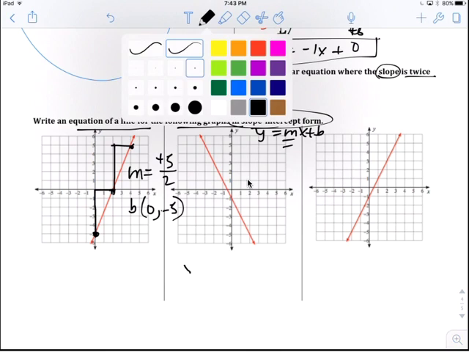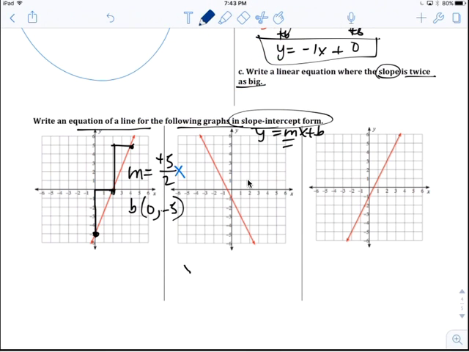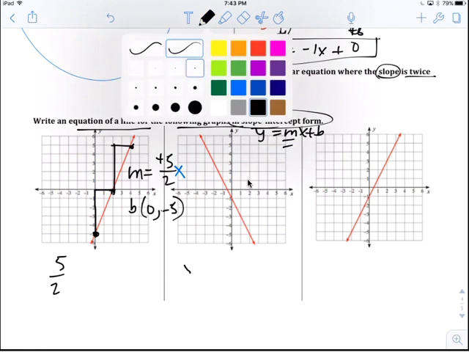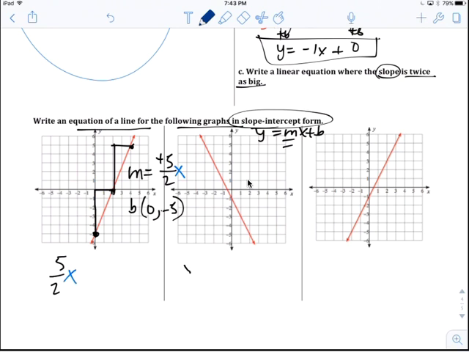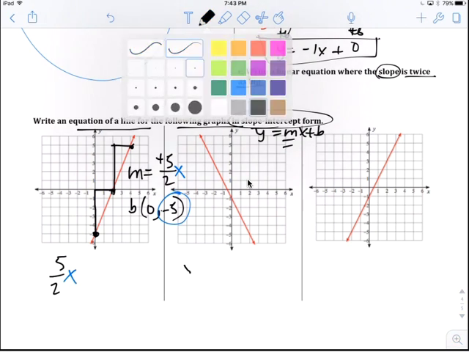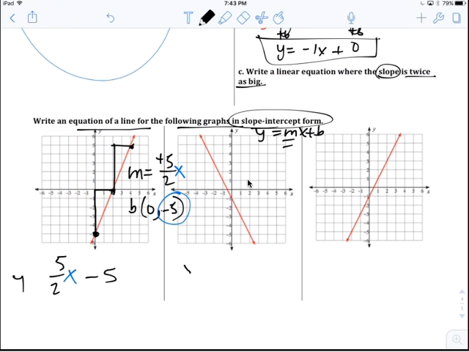So you put your x next to the rate of change. So your equation is y equals 5 over 2x minus 5. And when you graph, you get that.